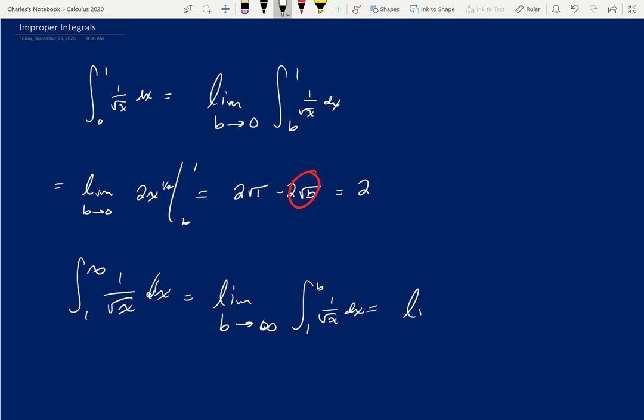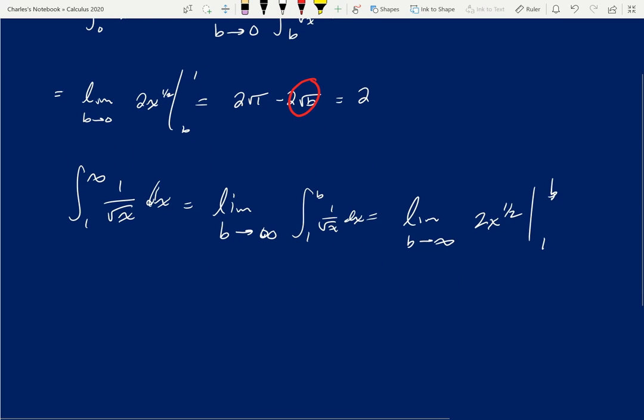Which would be the limit as b goes to infinity of 2x to the 1/2 evaluated from 1 to b, which would equal 2b to the 1/2 minus 2.